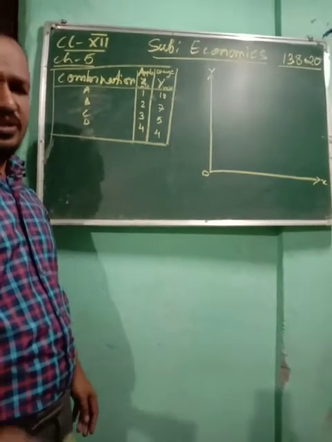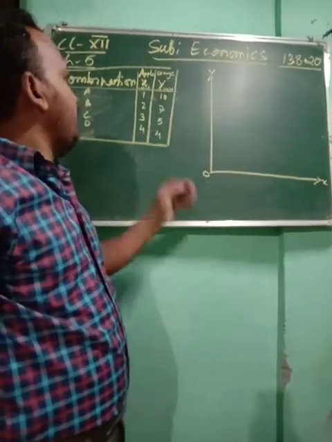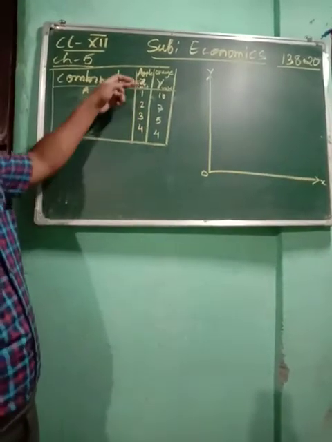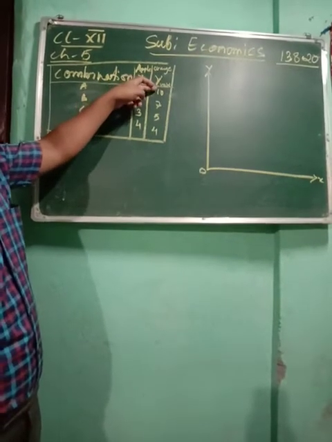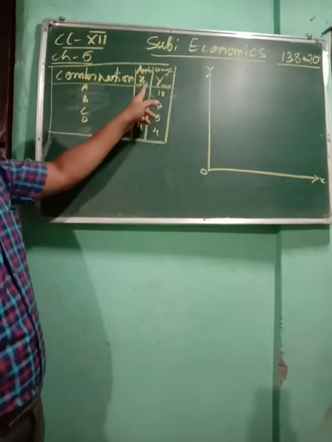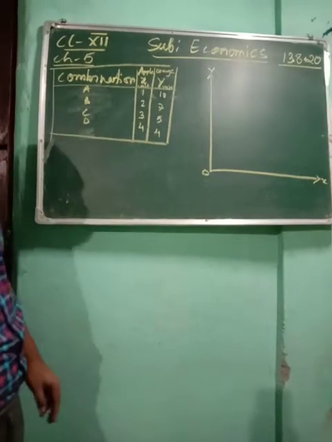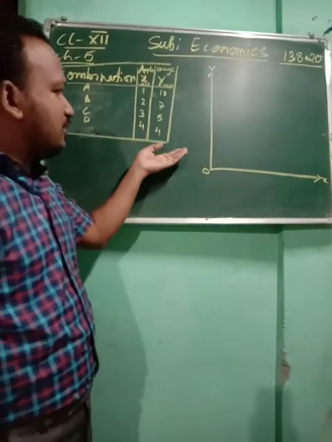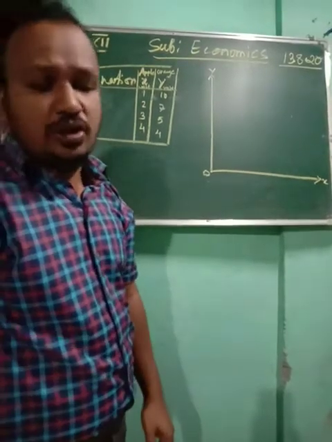Marginal rate of substitution means that when you consume more apples, you reduce the consumption of oranges, so you are substituting. When you consume more of one, you reduce the other. This is known as MRS. Due to this marginal rate of substitution, your indifference curve is downward sloping.